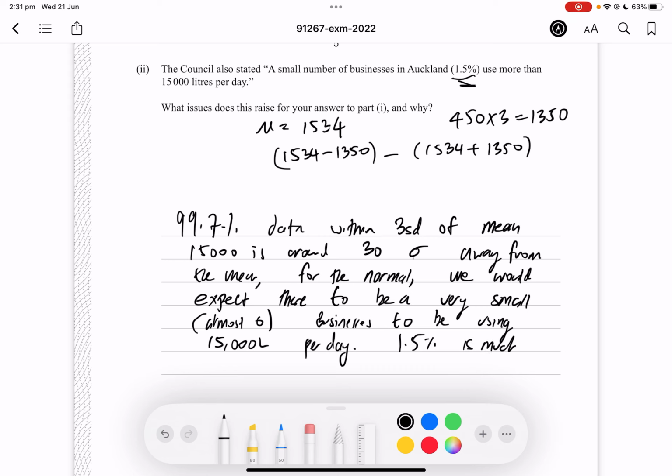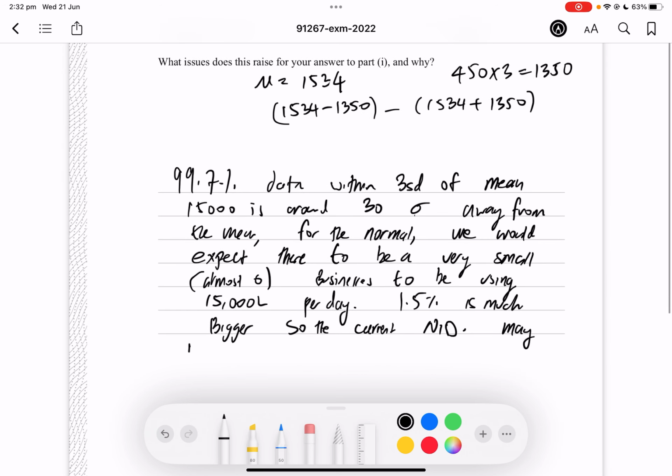So the current normal distribution may not be suitable.